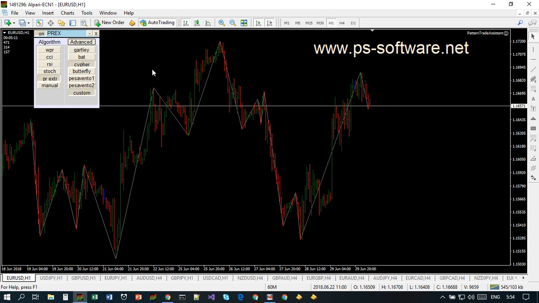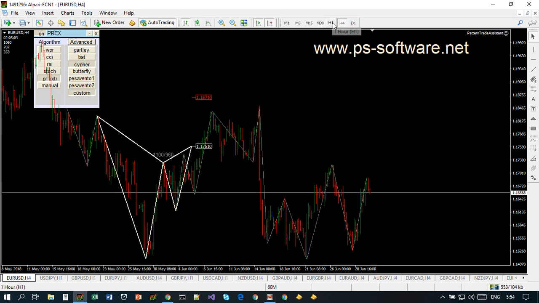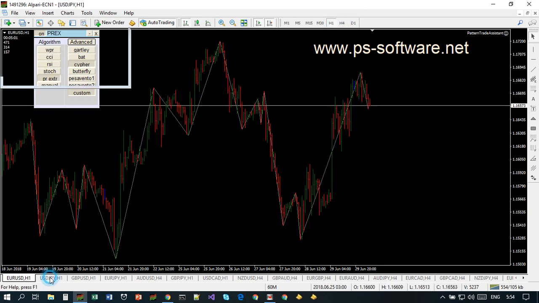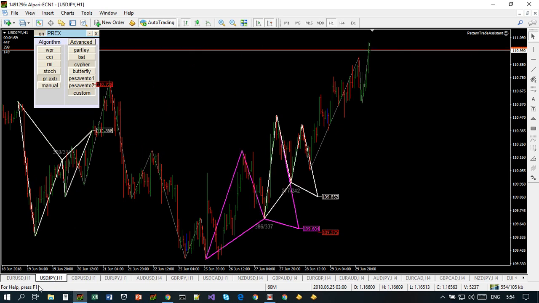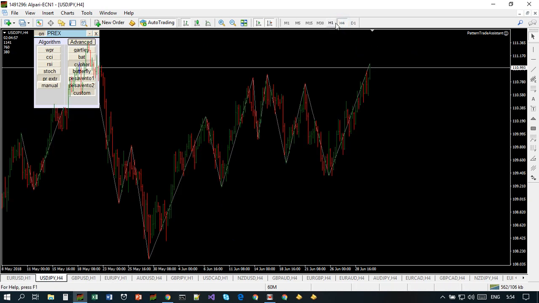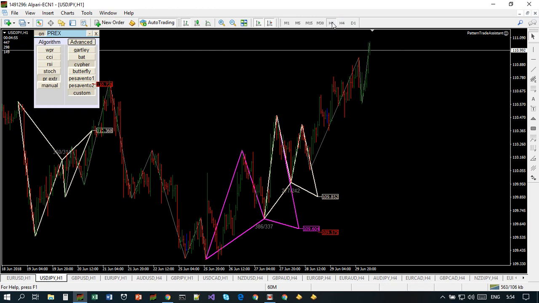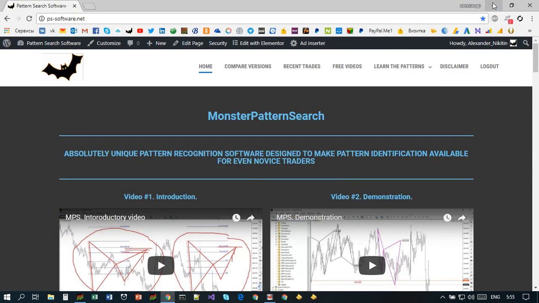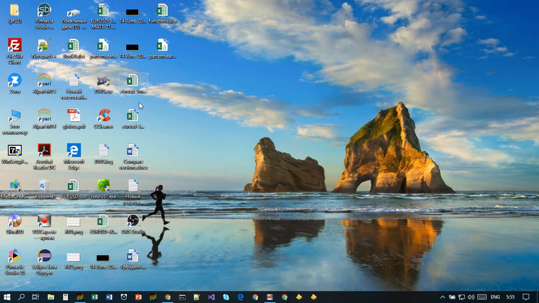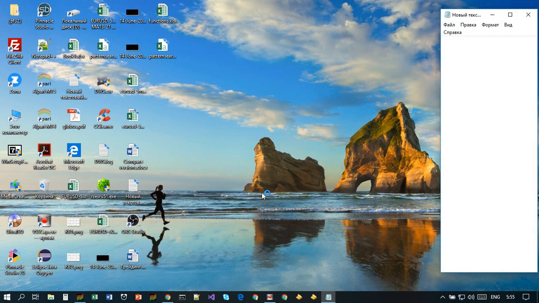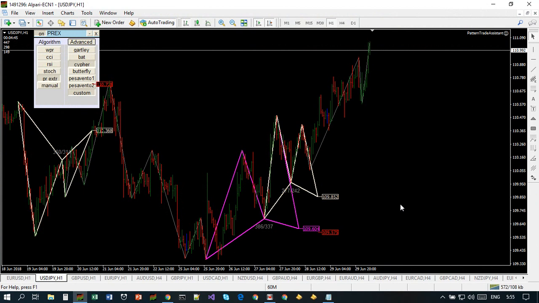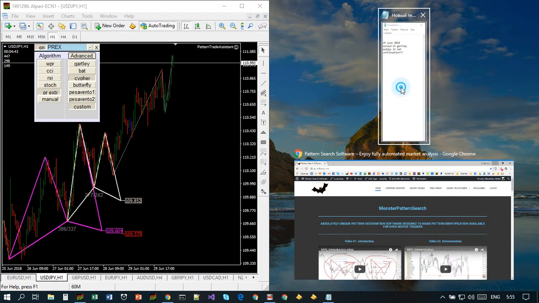Okay, now once you know what we are looking at, let's do the analysis. Switch between the time frames, 4 hour and 1 hour, and find nothing on Euro dollar. Let's go to dollar yen, 4 hour and 1 hour, and nothing as well. Let me open a text document here and arrange them together.